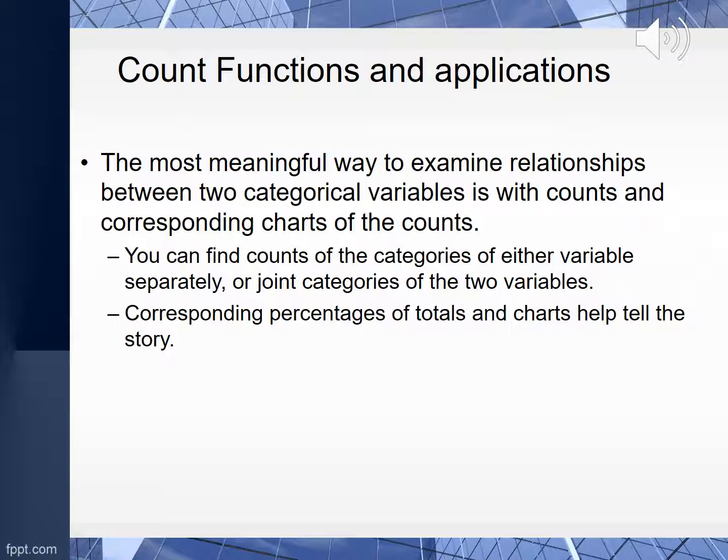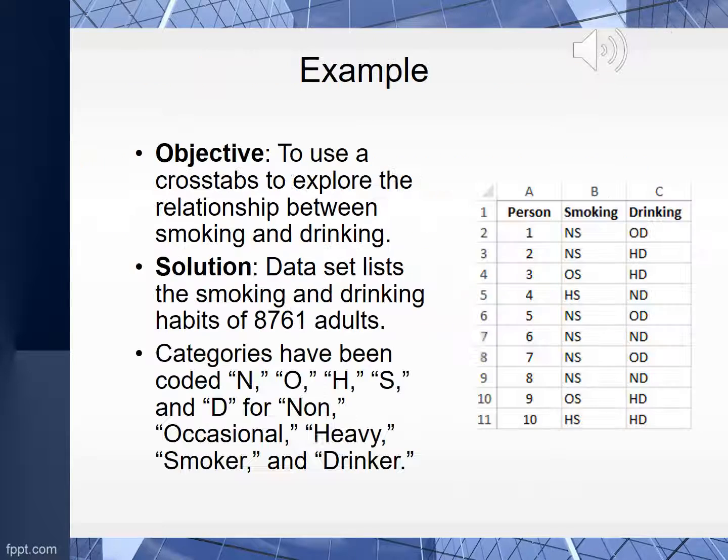The most meaningful way to examine relationships between two categorical variables is with counts and corresponding charts of the counts. You can find counts of the categories of either variable separately as well as joint categories of the two variables. Corresponding percentages of totals and charts will help you tell a story. Here's an example. Our objective is to use a crosstabs to explore the relationship between smoking and drinking. The dataset lists the smoking and drinking habits of 8,761 adults.